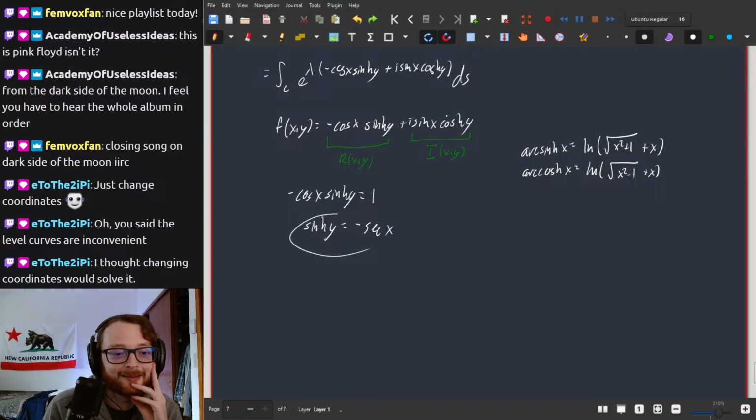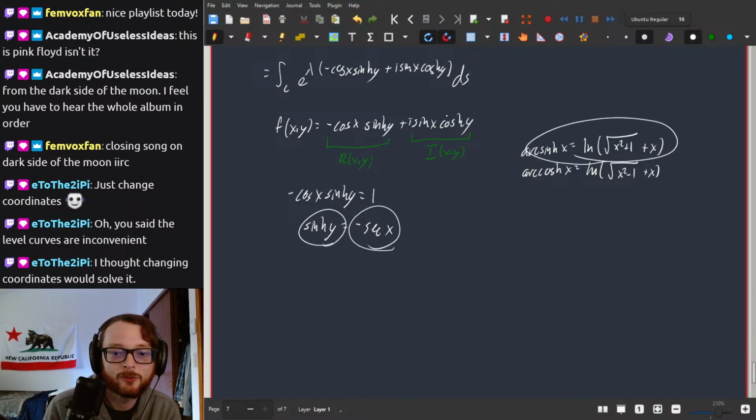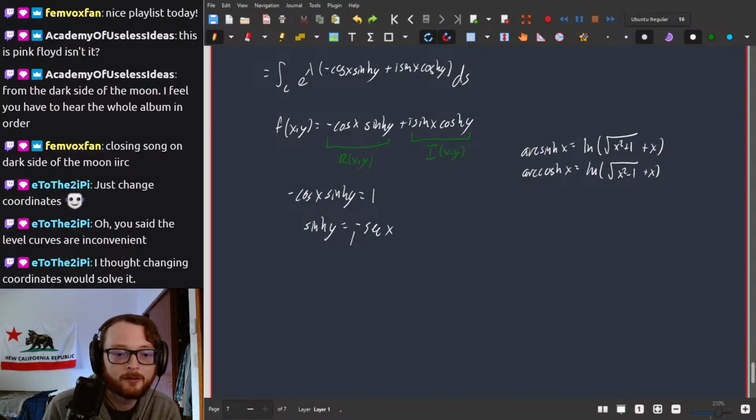If I take the real part equal to just one, what I want to do is take the inverse sinh of each side of this equation, but inverse sinh involves a natural log. Actually, oh, that's fine, isn't it? I was scared about this minus sign. But maybe that's actually okay.